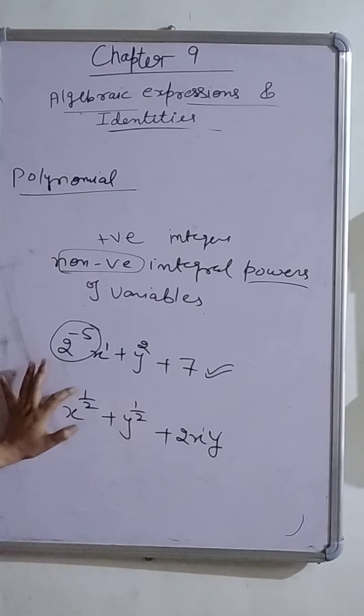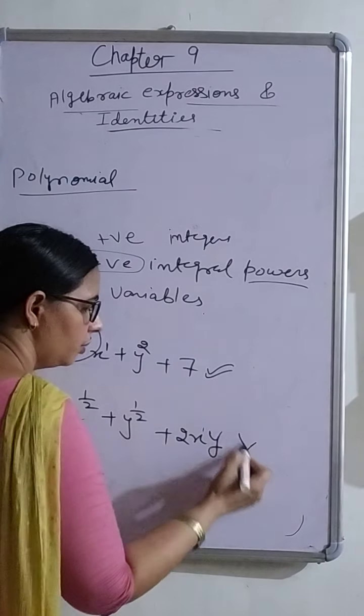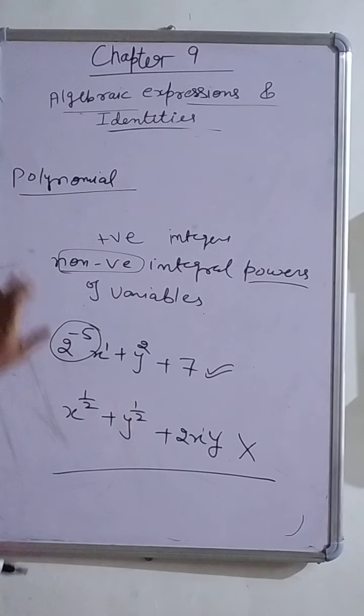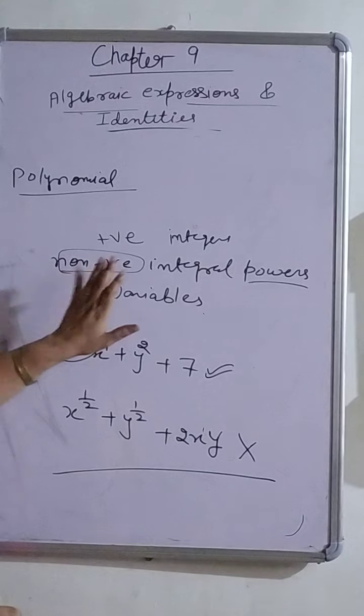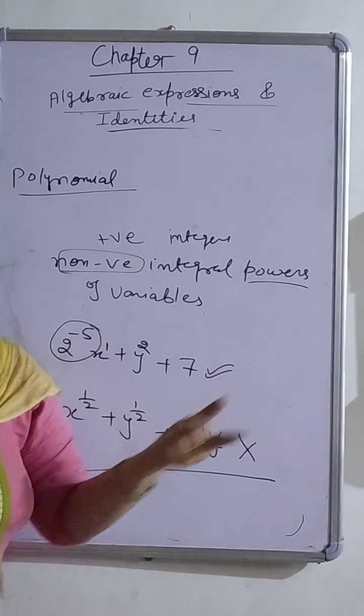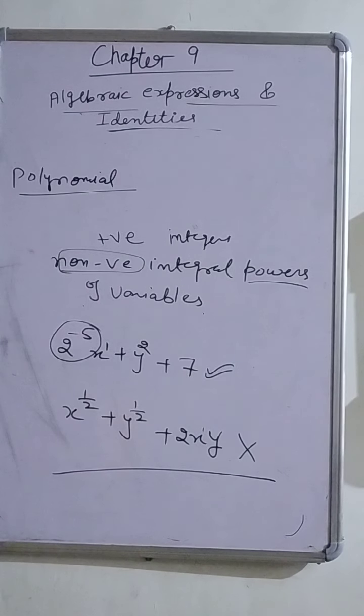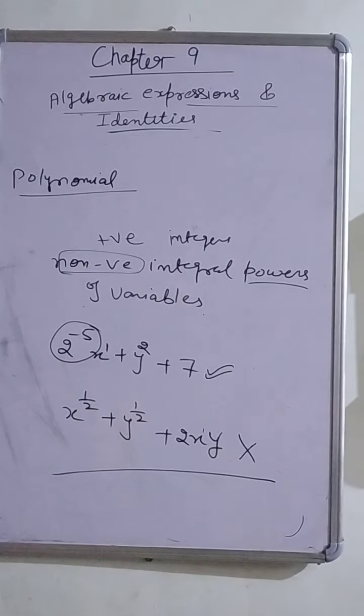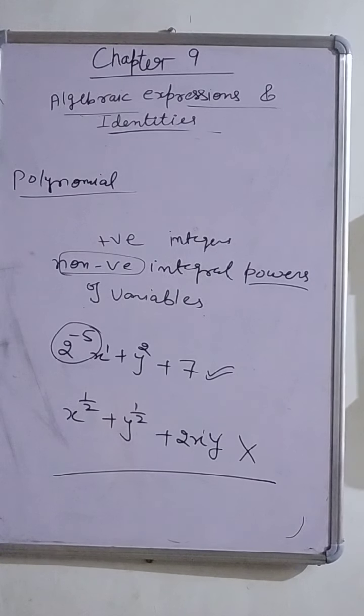This is a rational number, so this is not a polynomial. So very clear, a polynomial is when powers of variables are positive integers. Power should be positive and it should be an integer, not a decimal or fractional number. I hope it is clear now.